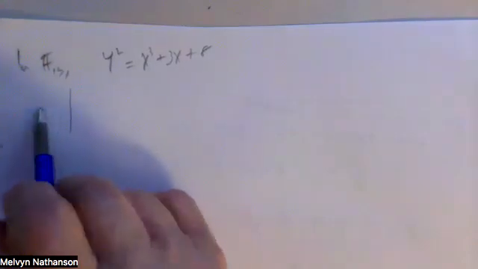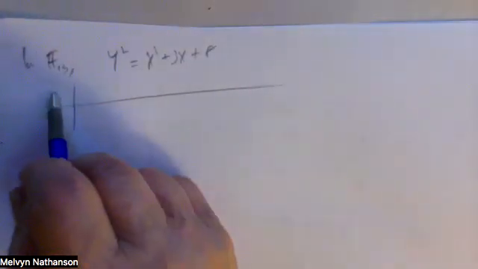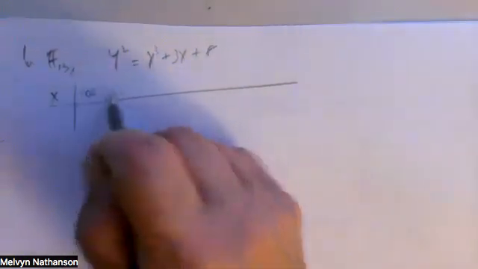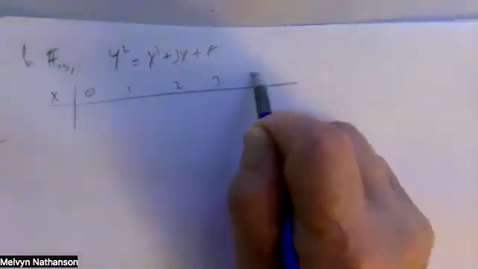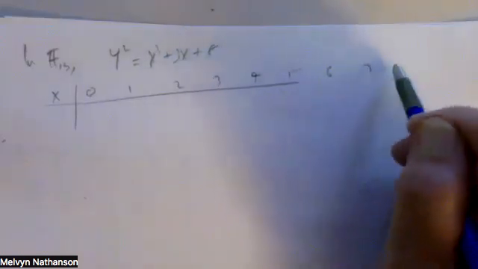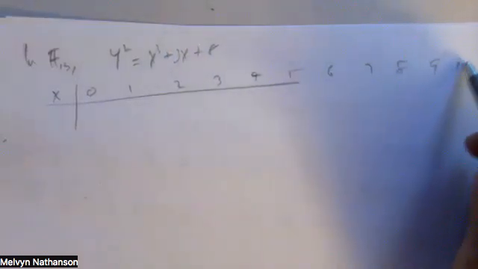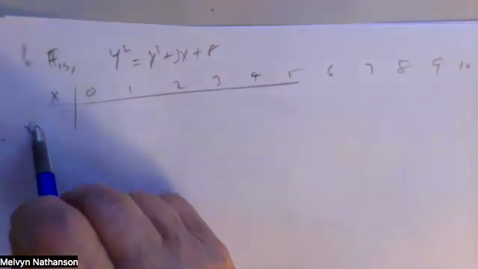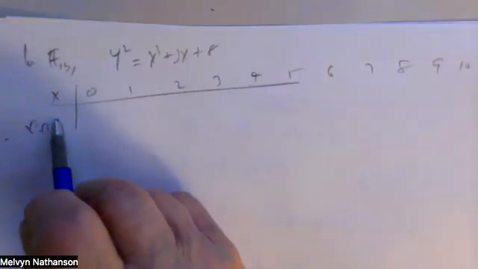Let's make a table. So for the different values of x, what are the values of x mod 13? 0, 1, 2, 3, 4, 5, 6, 7, 8, 9, 10, 11, 12. And what is x cubed plus 3x plus 8?